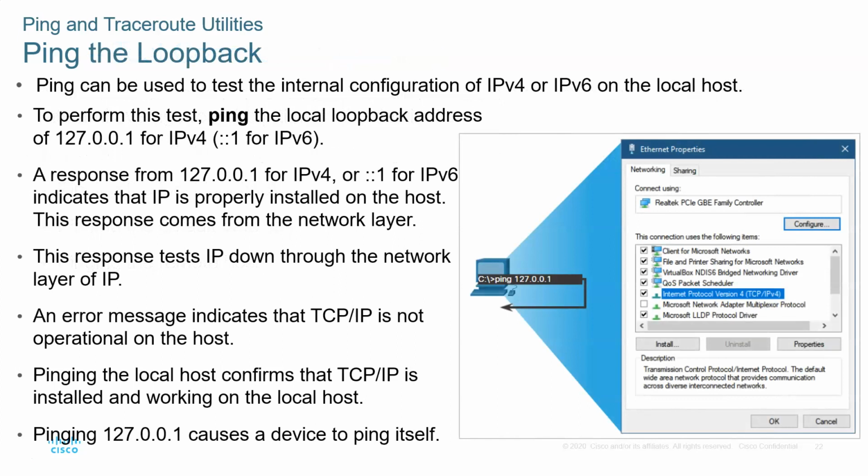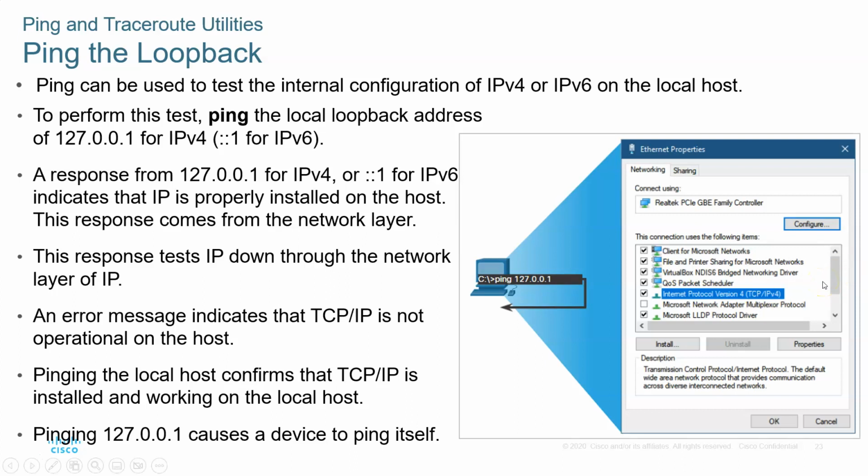Let's start with pinging the local loopback address. When you have a TCP/IP stack as part of the operating system, this is the one that does all the encapsulation for your packets that you're trying to send from the application layer all the way to the physical layer.